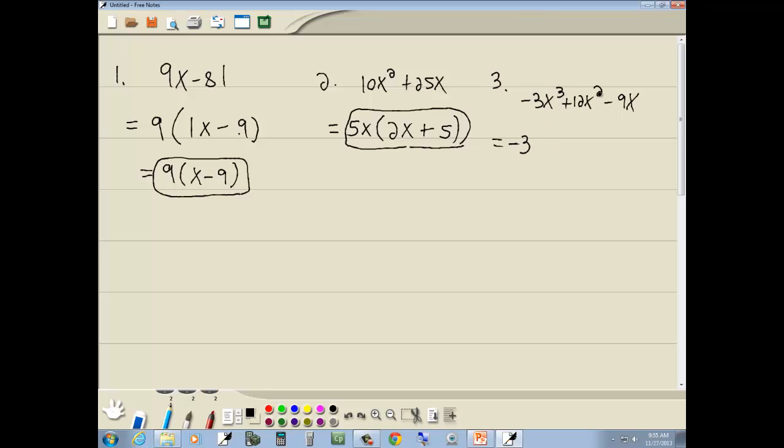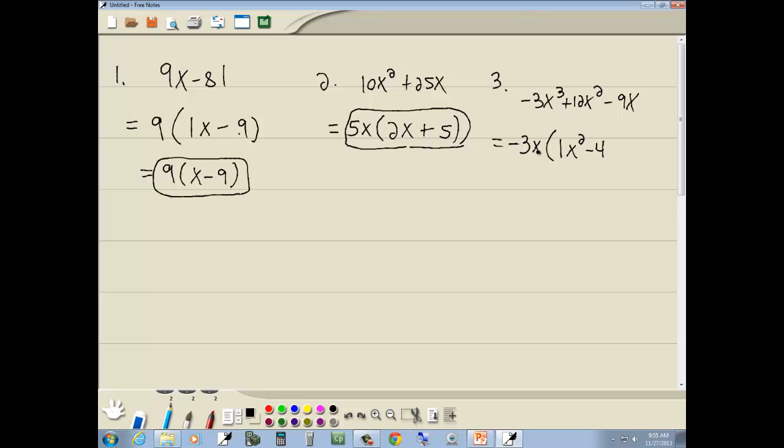Now here we have 3 x's, here we have 2 x's, here we have 1 x. So we're going to factor out 1 x. Remember, it's always the one with the smallest exponent. Well, negative 3 divided by negative 3 is 1. We had 3 x's, we took 1 away, so that leaves us 2 x's. 12 divided by negative 3 is negative 4.